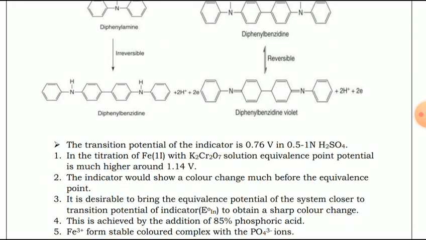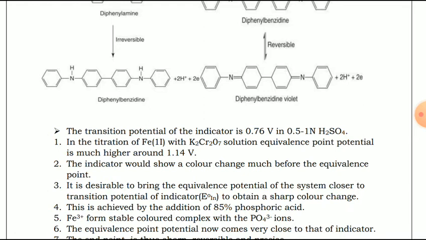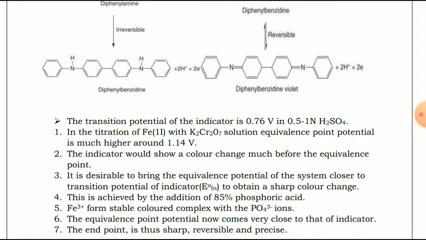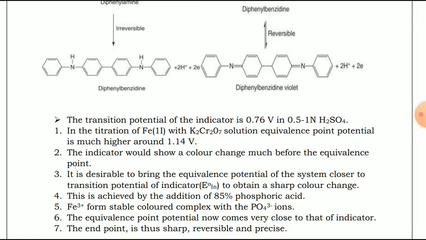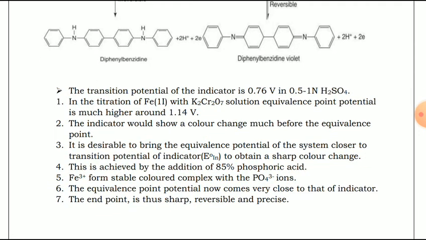Fe3 plus forms a stable colorless complex with PO4 3 minus, that is phosphate ions. The equivalence point potential now comes very close to that of the indicator. The end point is thus sharp, reversible and precise. Okay, so this is about the diphenylamine indicator.